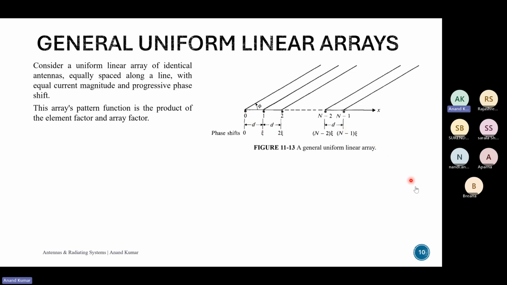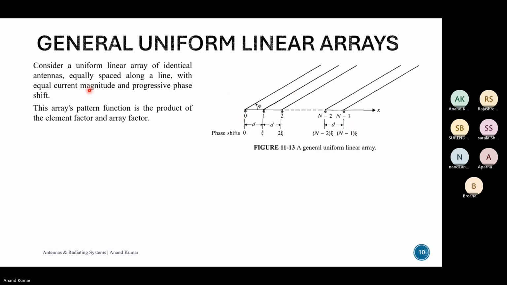The array is how this would look like. So we have n elements, all of them are separated with d separation, and the phase shifts are given by zero, psi, 2 psi, and so on. So this is how we are arranging the array.